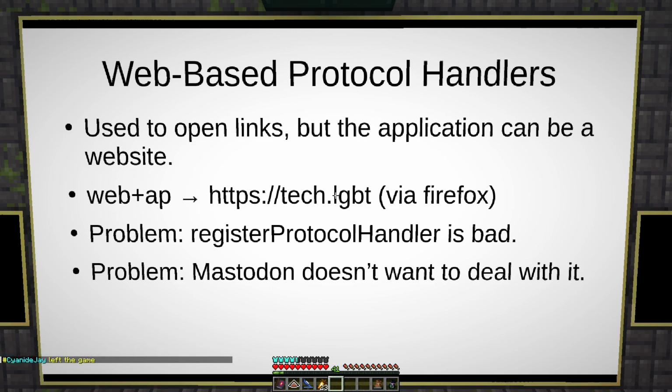It's not nice, and there are some other issues with it. Given all these issues, Mastodon does not want to deal with any of them. So Mastodon doesn't want register protocol handler.